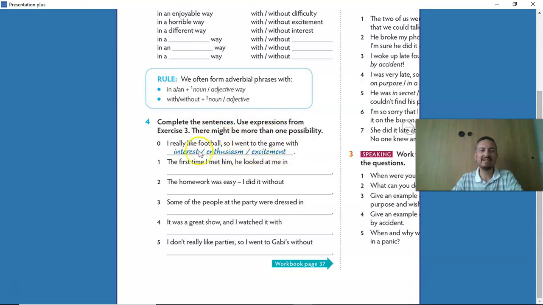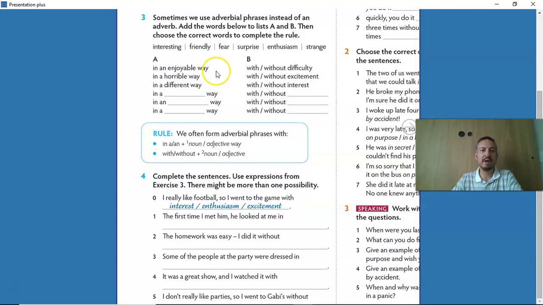This is an adverbial phrase of manner. How did I go to the game? With excitement, with interest.